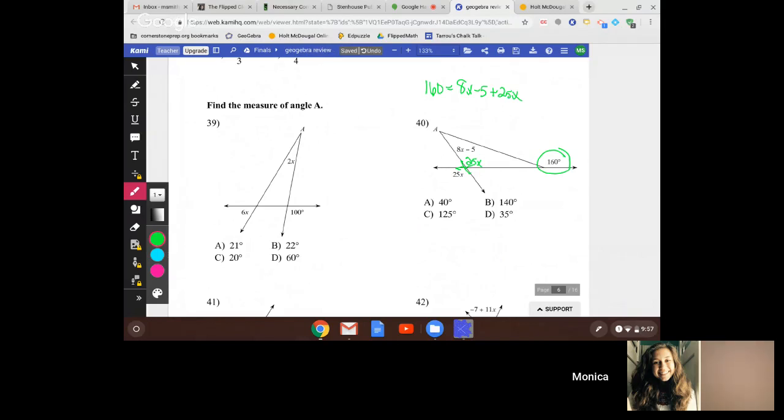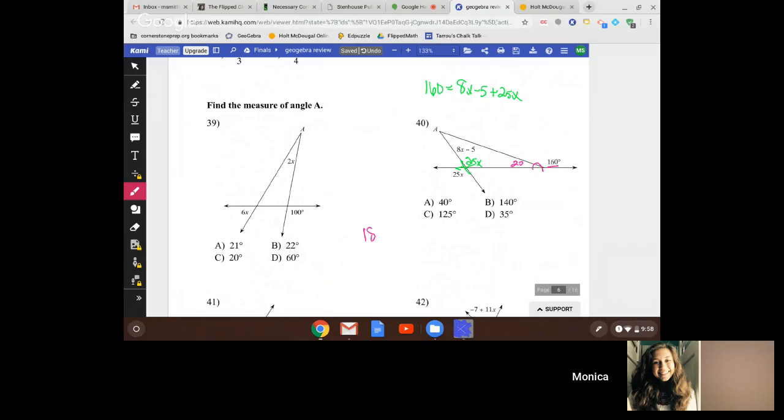Now, the other way to look at it is, let me erase this. We know that this angle over here is 160 degrees. And we can see that it's supplementary here, right? That these two angles would both add up to 180. So if this one is 160, we know that this one would be 20. Then we know all of the interior angles add up to 180.